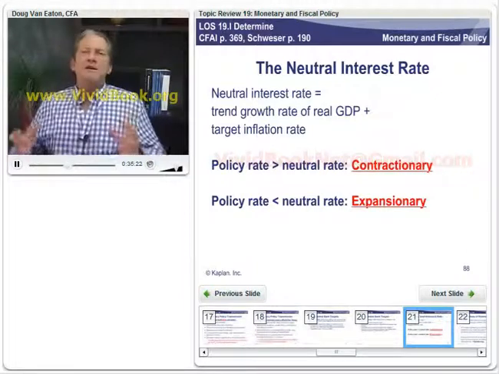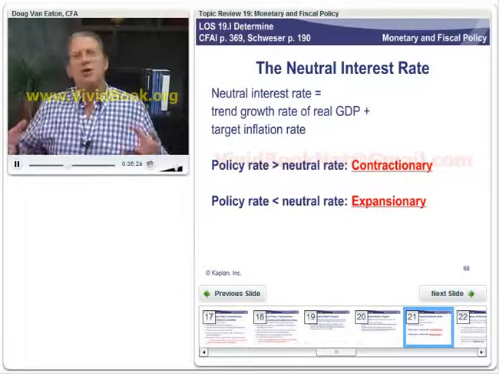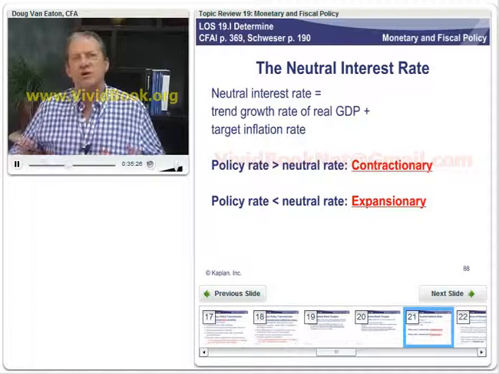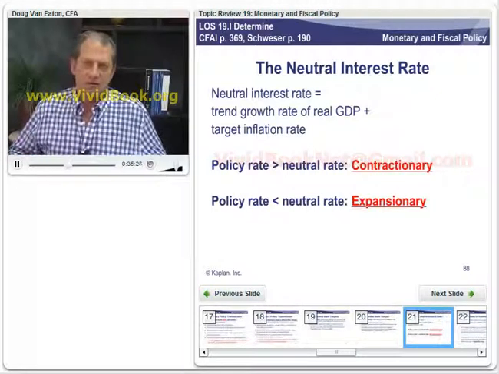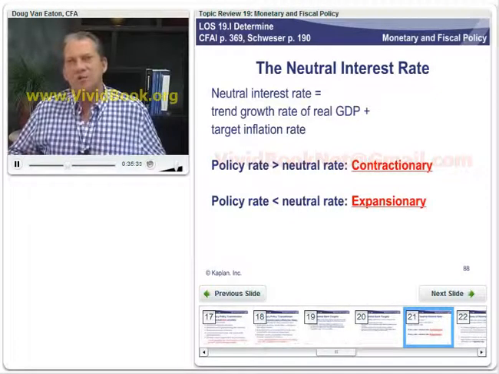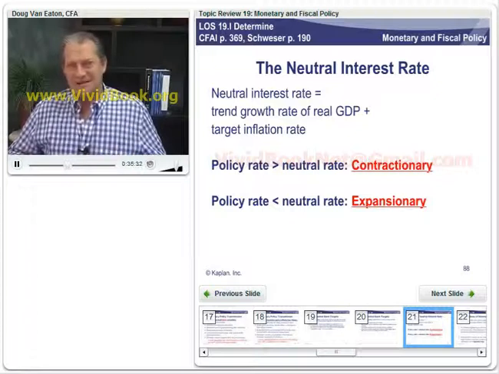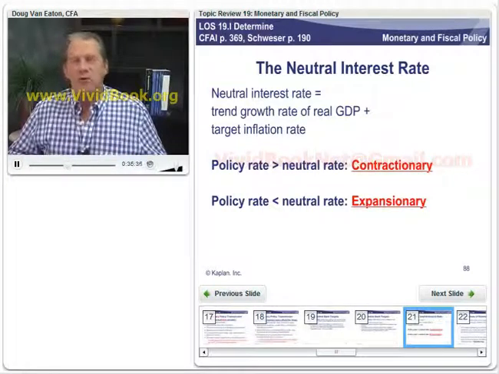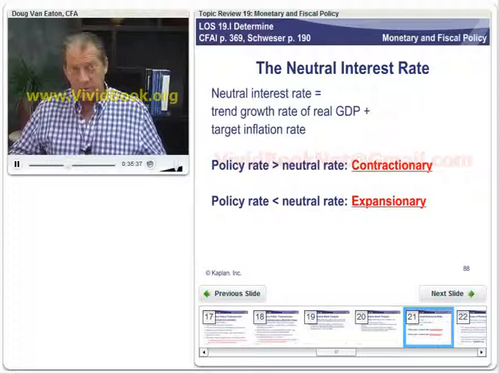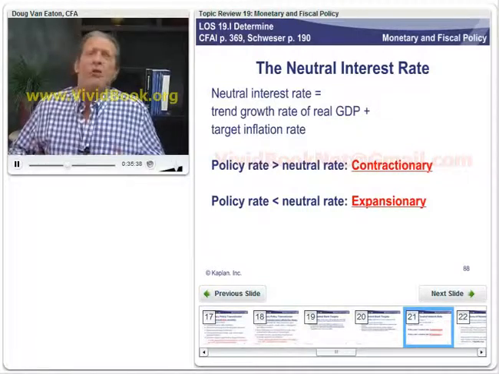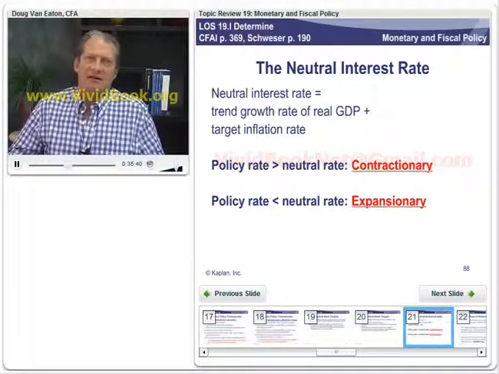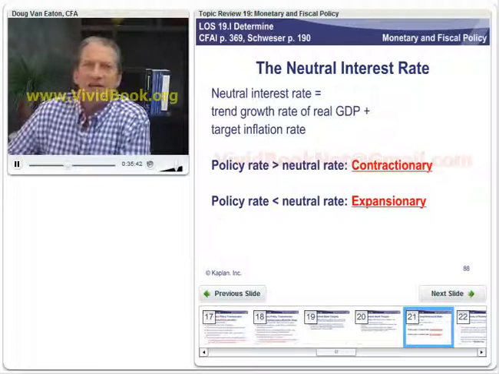Remember, if the money supply expanded at the same rate as the economy, so if real GDP growth is 3%, and we expand the money at 3%, that would be consistent with zero inflation over the long term. So we've got a little higher target than that. So we're going to take the growth rate of real GDP.